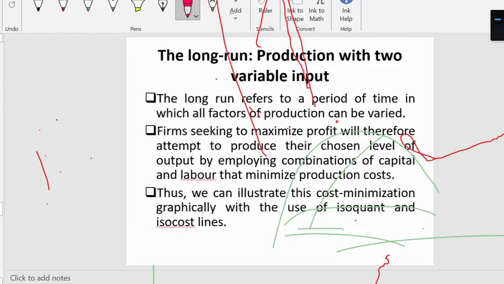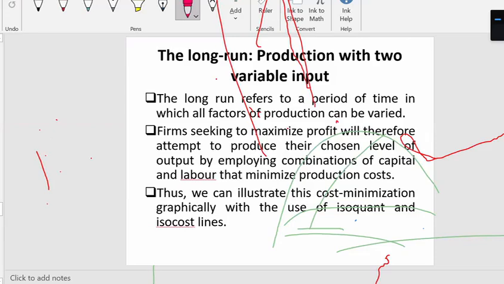So, kwa sababu in the long run, there are so many variations, so many factors influencing production. When we talk about the long run, there is an accumulation of factors that leads to change of those fixed factors. So firms are always seeking to maximize profit.